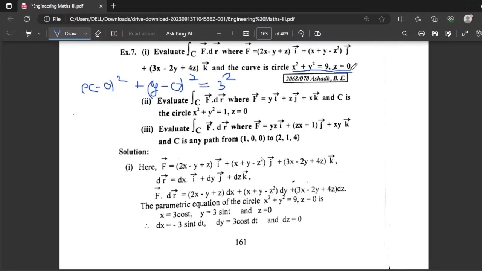z equals 0, so it is the xy plane with the origin (0, 0) and radius 3.